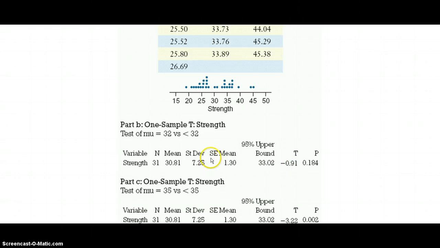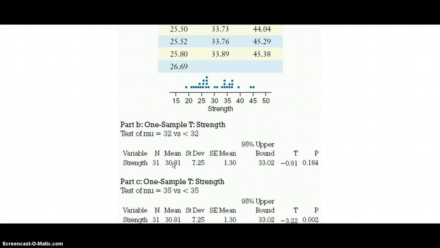Again, that would just be using the formula, using the mean 30.81 minus 32 divided by our 1.3. And then we'd calculate a p-value, 0.18. So for a 0.05 cutoff level, that's going to be above. In other words, we're going to keep the null hypothesis.